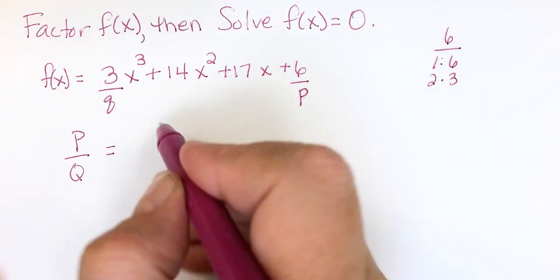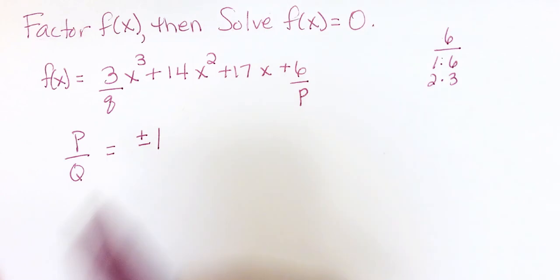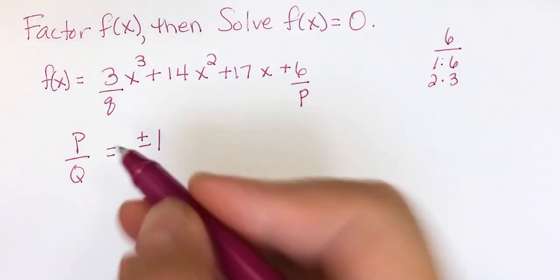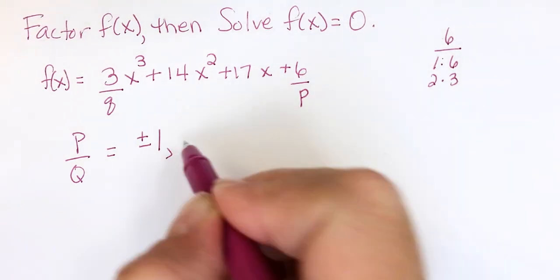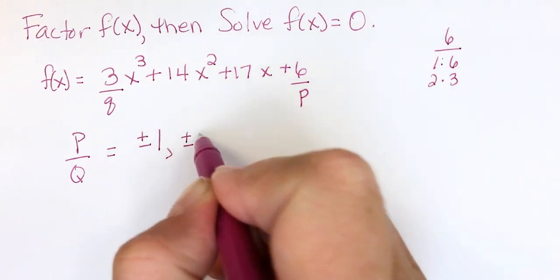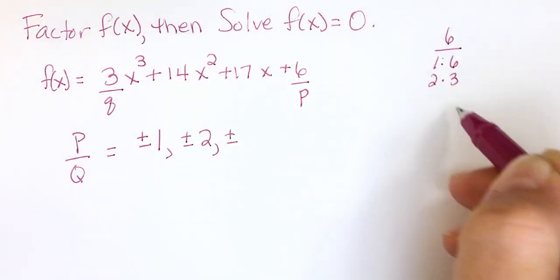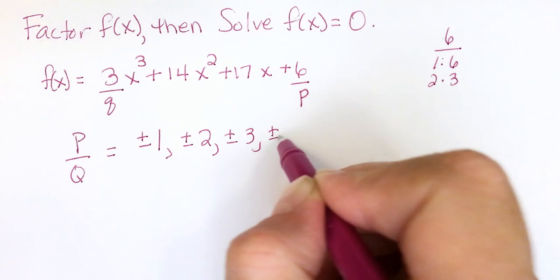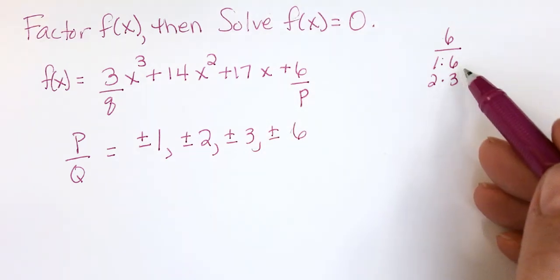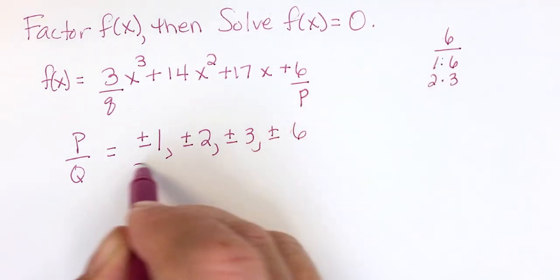So this is going to be plus or minus 1, and we don't know if this is positive or negative, we're just generating a list. We'll figure that out later. So plus or minus 1, plus or minus 2, plus or minus 3, and plus or minus 6. That's the list of all the P's over Q.